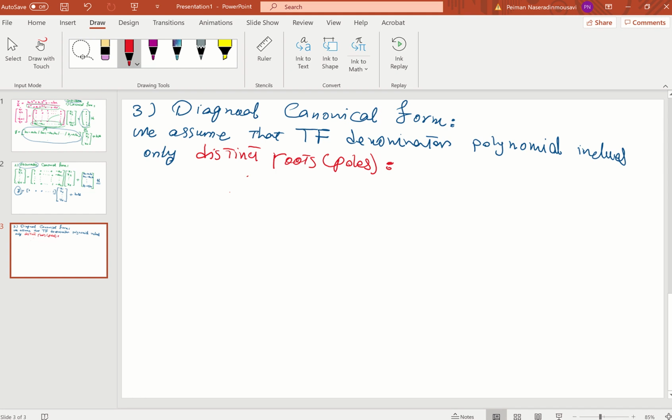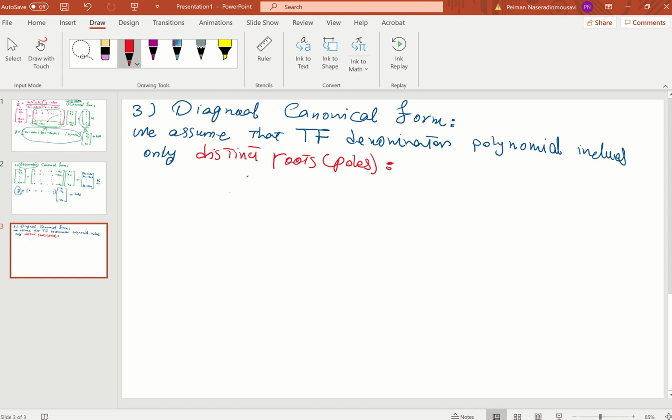A critically damped system is a system that has repeated real poles. So the critically damped system cannot be extended to the diagonal canonical form because it has a repeated root. So we need a transfer function whose characteristic polynomial only includes distinct poles.